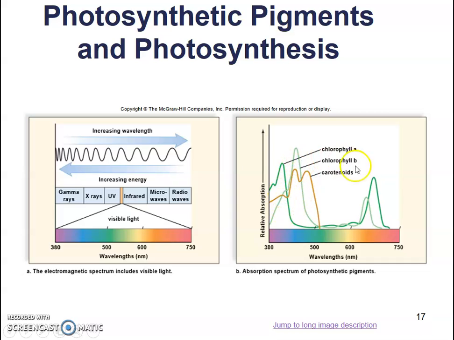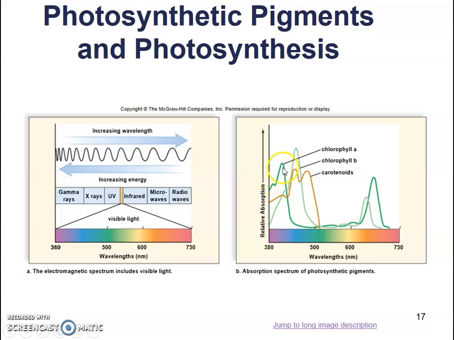So here we have an absorption spectrum and the electromagnetic spectrum over here with visible light extended out. This is the range of visible light here, and these lines show the amount of energy that can be absorbed by these different pigments.